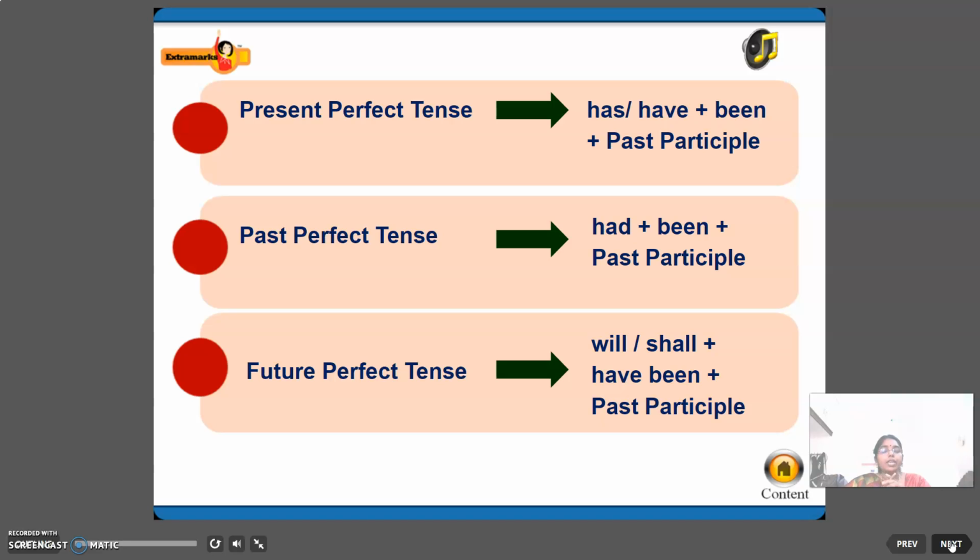If it is perfect, been. Okay. Past perfect tense: had plus been plus past participle. Future perfect tense: will or shall plus have been plus past participle. So children, make a note of these rules so that we will convert into passive voice very easily. Right? Has or have been past participle, had been past participle, will or shall have been past participle, the perfect tense.